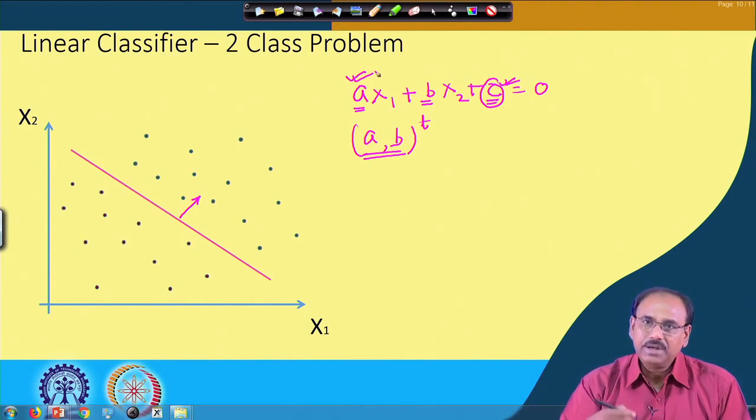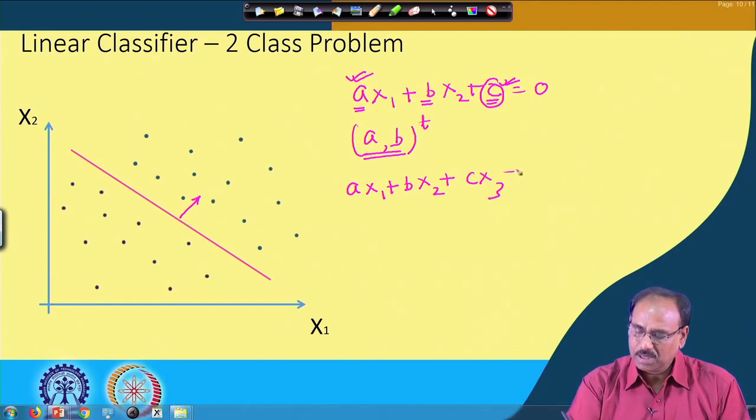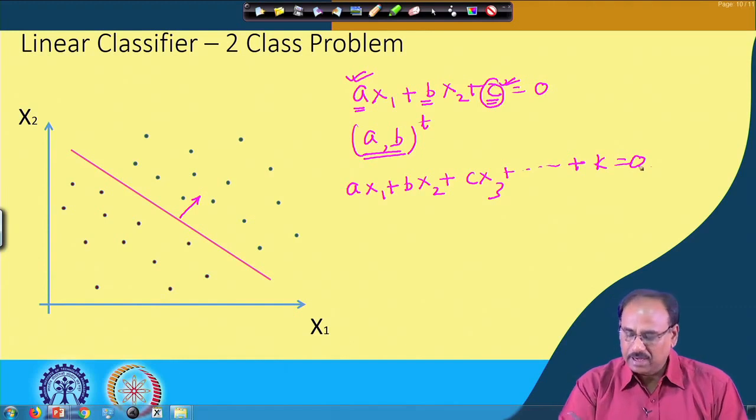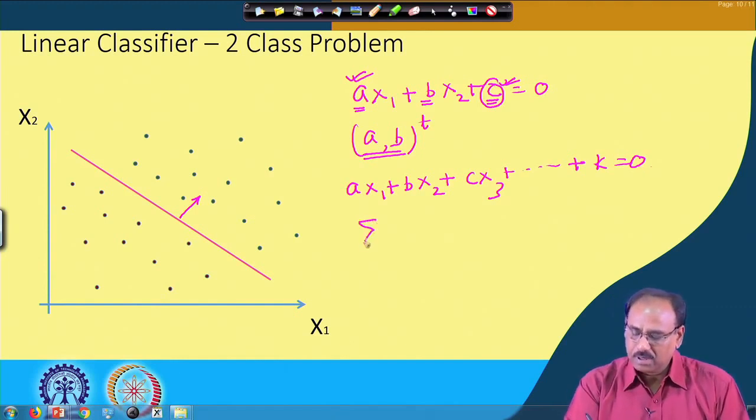In case of a multi-dimensional feature vector, the equation will be a x 1 plus b x 2 plus c x 3 plus something like k, that will be equal to 0. So, if I have d dimensional feature vectors, I can write this in the form summation of w i x i, where i varies from 1 to d, plus w 0, equal to 0.